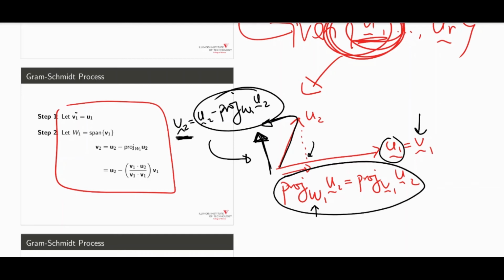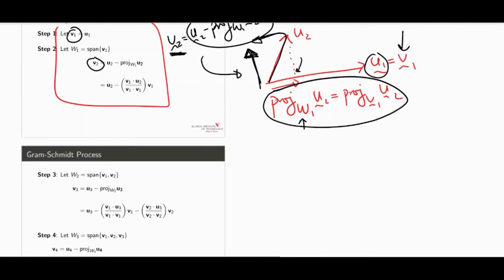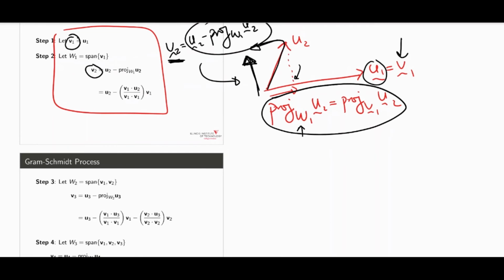So now V1 and V2 are already perpendicular, so let's build on it. How do we build on it? Now as I said, your V1 and V2 are already perpendicular, so now you can already have your V1s like this.